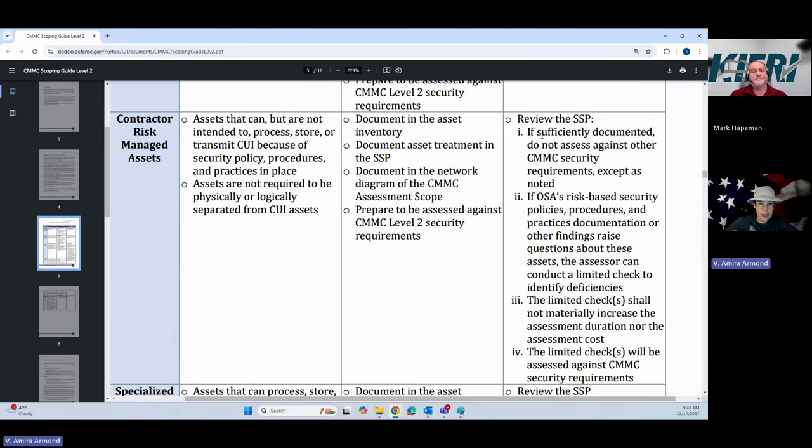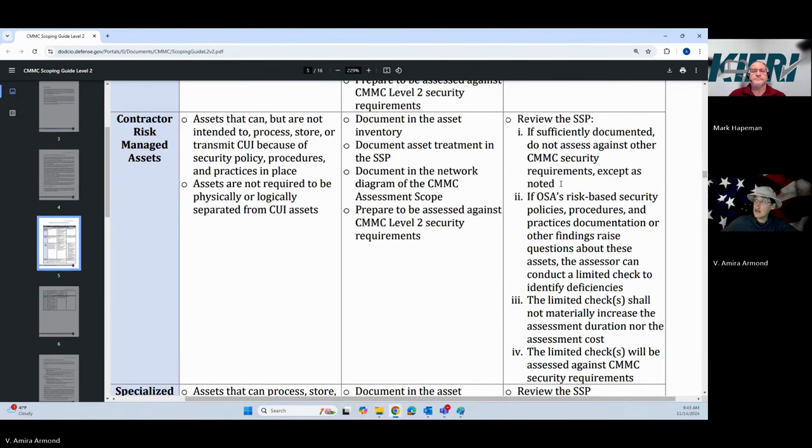We're expecting it to be applied to a workstation, right? So if it's a requirement that can be applied to the workstation, even if it's a CRMA, we want to see how that requirement is applied. Documentation in the SSP. And if the documentation is good, saying, this is how I do the screen lock, this is how I do the vulnerability scan, this is how I patch it, we're just going to go, awesome, no further questions, keep on going.